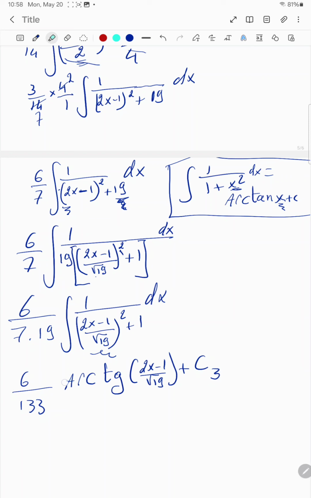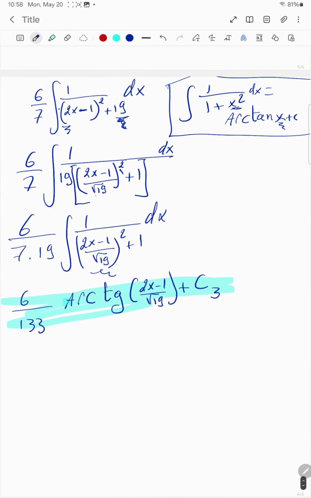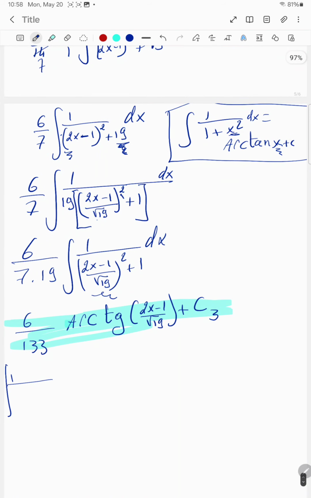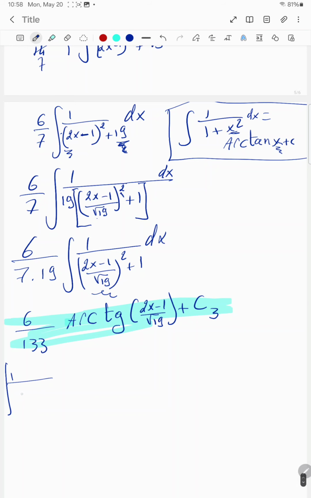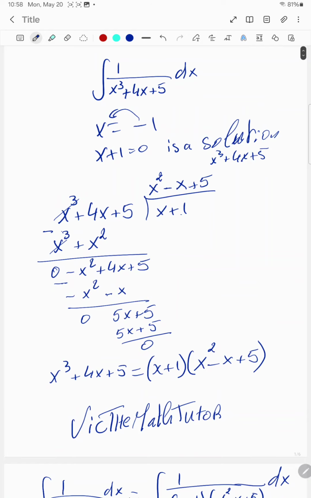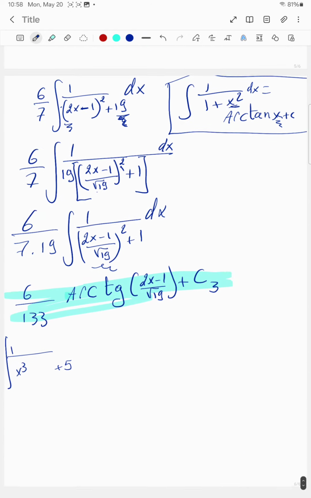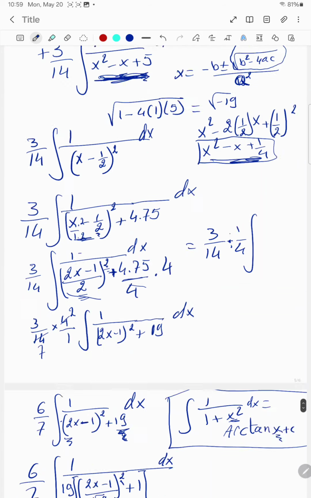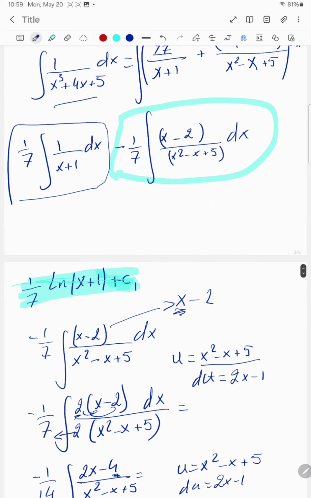And my C, that's the third calculation that I did. So my answer would be the integral of 1 divided by, what was it, x to the power of 3, I know it's plus 5 here, but I don't know what's in the middle, forgot, plus 4x dx, is equal, let's see the first one that we did.